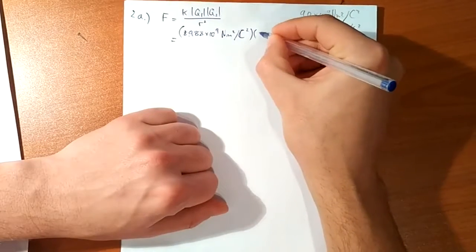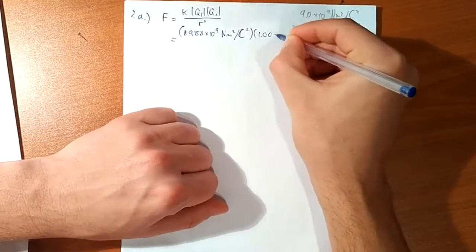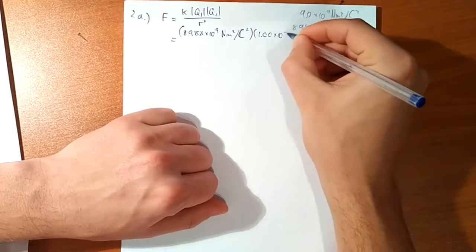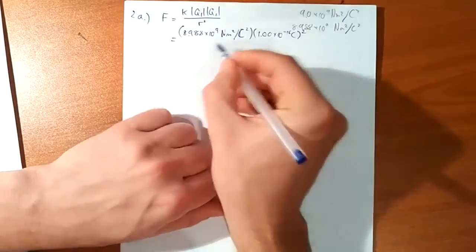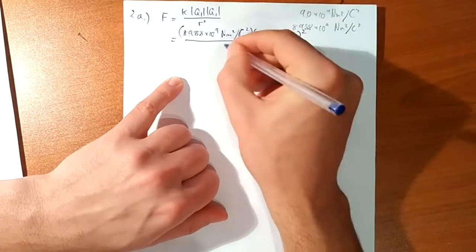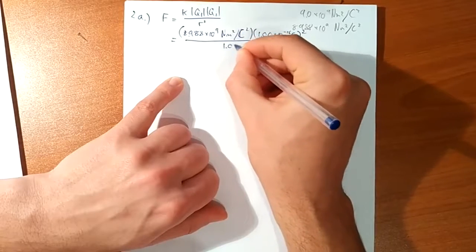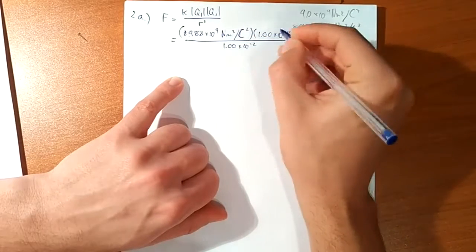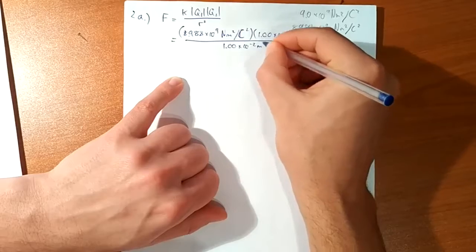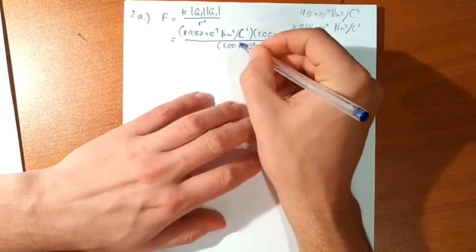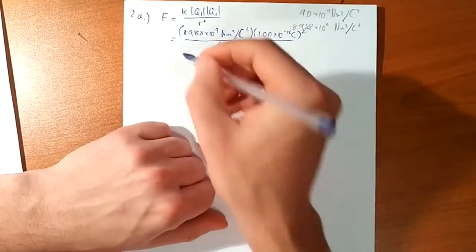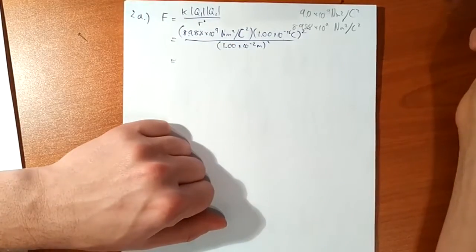It's the absolute value of the charge on the one, that's plus 1.00 times 10 to the minus 16 coulombs. The other one's the same, so it is squared, over the distance between them squared. It's 1 centimeter. Notice I write it as 1.00 still, so I can easily read off the significant figures of everything.